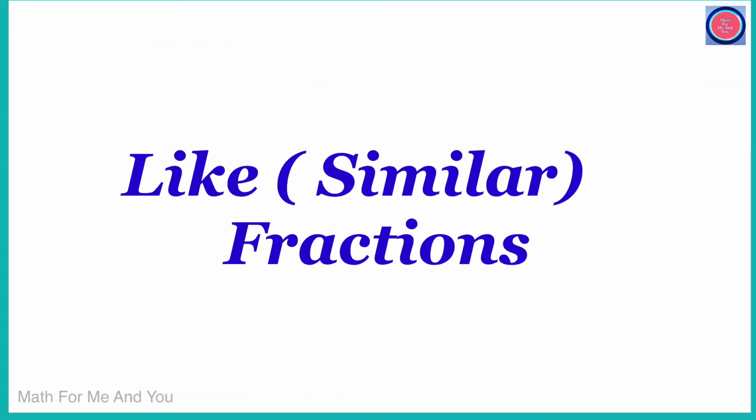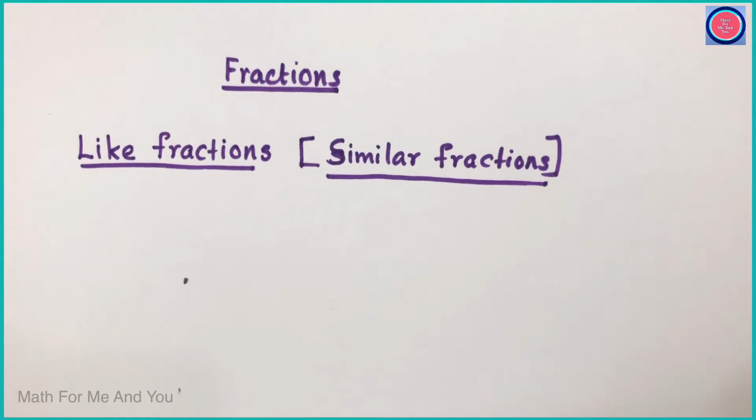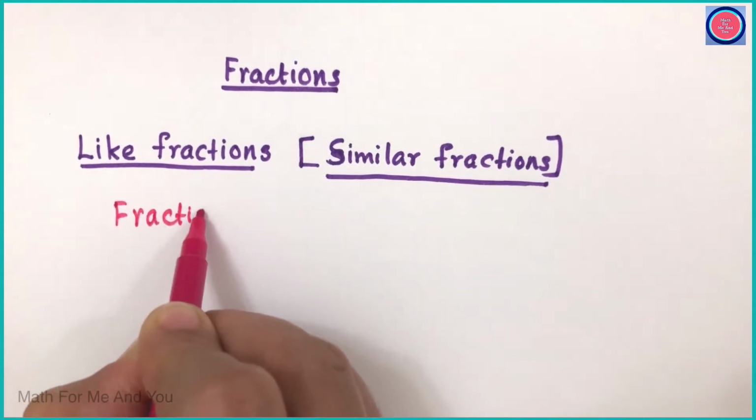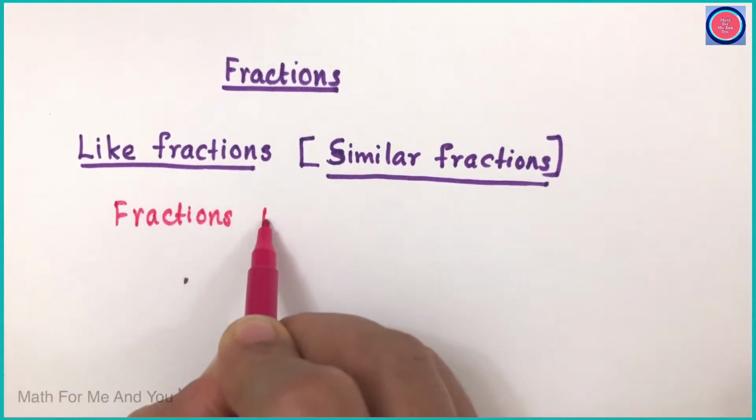Our first topic in this video is like fractions. Like fractions or another name is similar fractions. Both mean same type of fractions, okay? And what are like fractions? If we see fractions with the same denominators, such fractions are called like fractions.